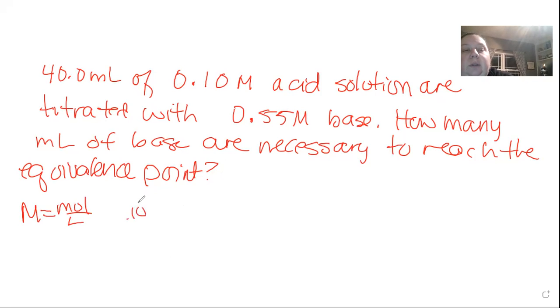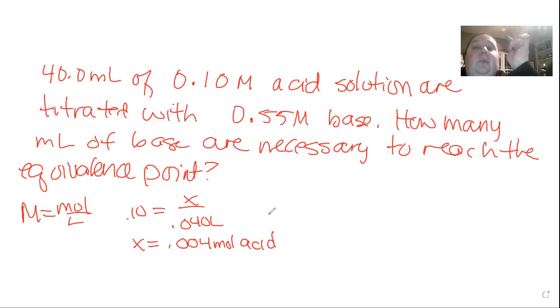If I've got 0.10 molar equals X over 0.040 liters, I see that I have 0.004 moles of my acid. And this is going to work whether it's a weak acid, weak base, strong base, doesn't matter. This part of the math is always going to be the same.